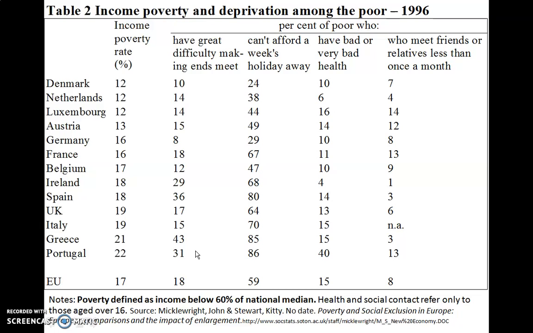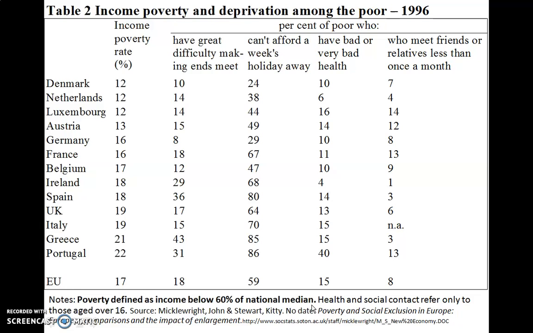Okay, this slide basically looks at income, poverty, and deprivation amongst the poor in 1996 in the Eurozone. So you can see there are a few European countries there. How they define poverty, that is described here in the footnote, where poverty is defined as income below 60% of the national median.